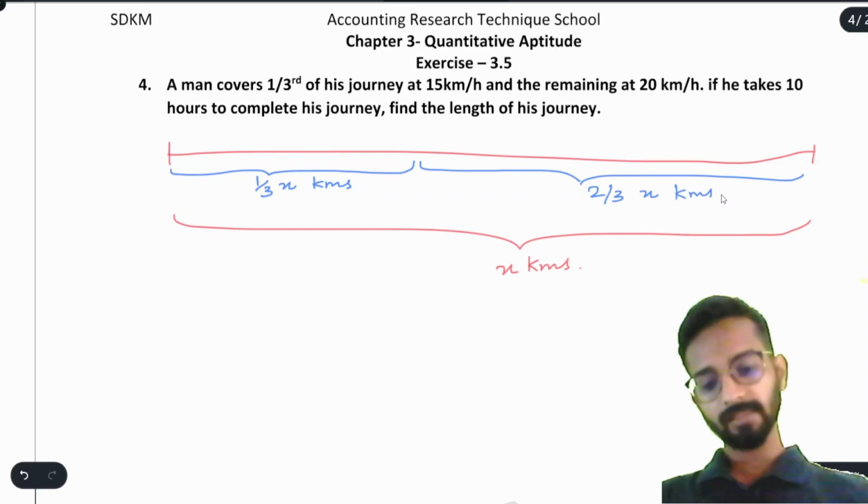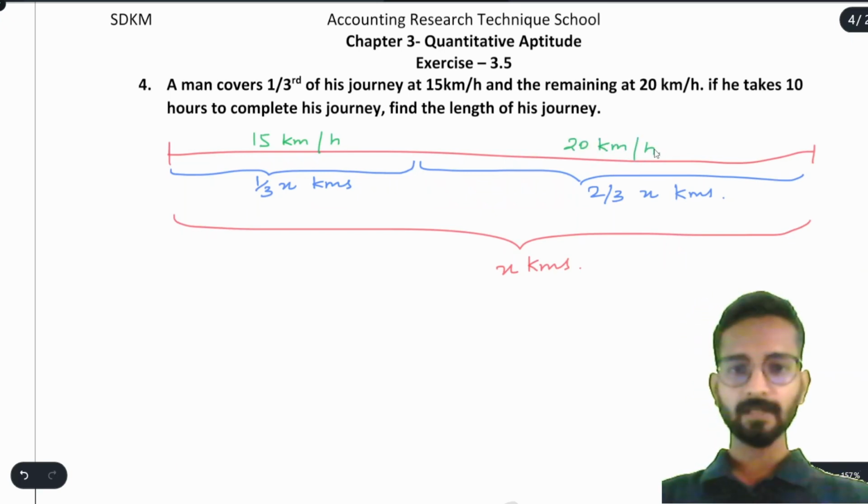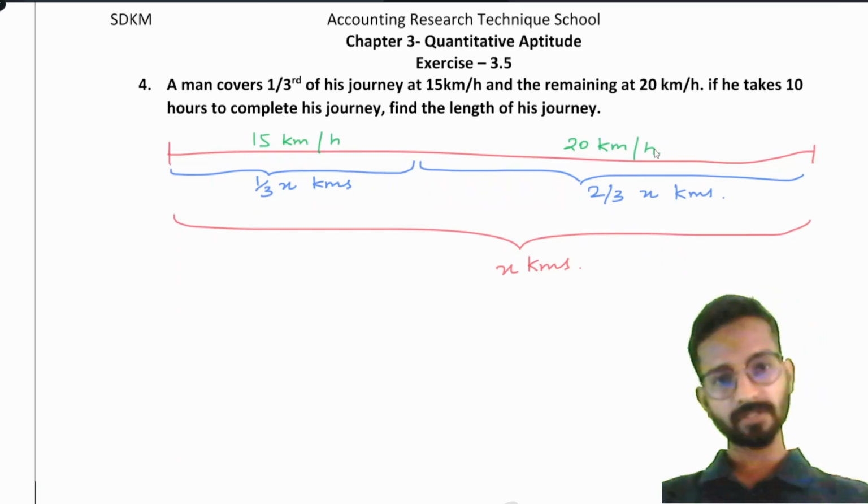Simple till now. They are saying a man covers 1/3 at 15 kilometers per hour. So at this stage the speed is 15 kilometers per hour. Then the speed became 20 kilometers per hour. Simple. This is what the question is saying. Now what is the question asking?